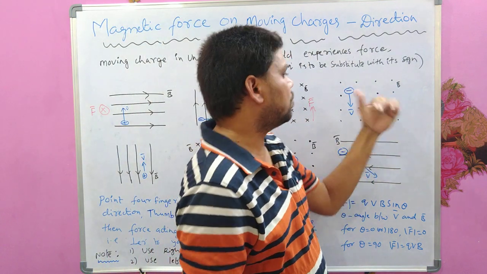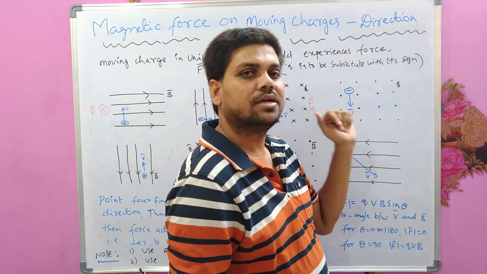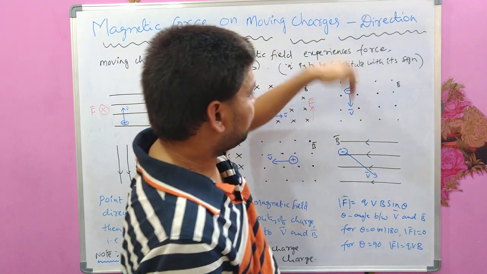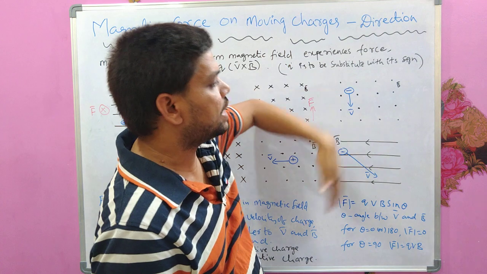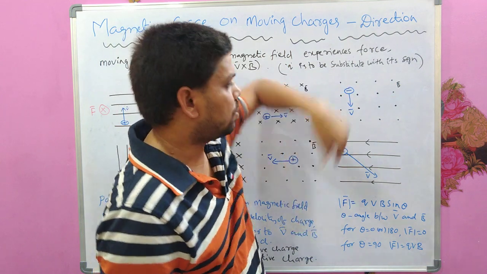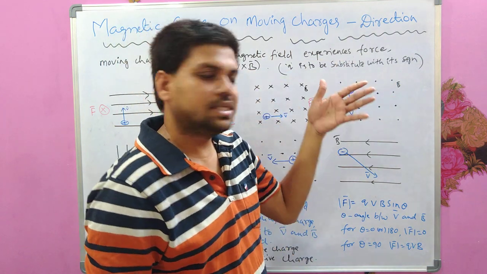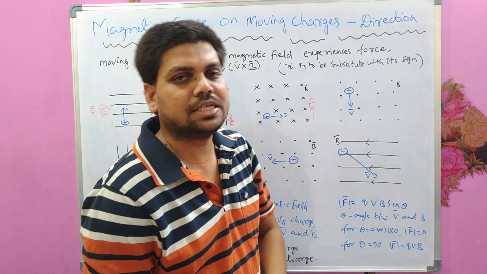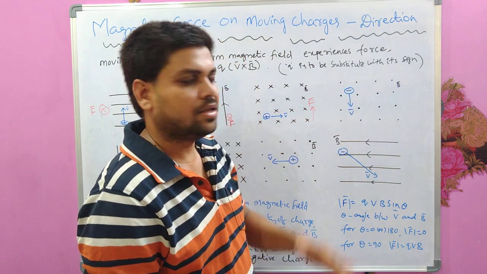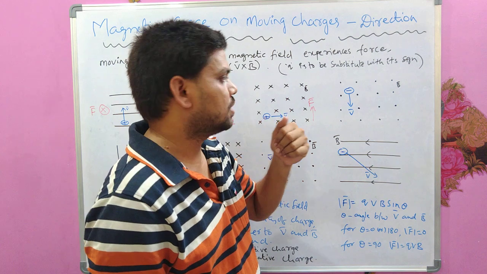The magnetic field is outwards, the dot represents that, and a negatively charged particle is moving at right angles to the magnetic field, downwards. Since it is a negatively charged particle, use your left hand. How to use it?